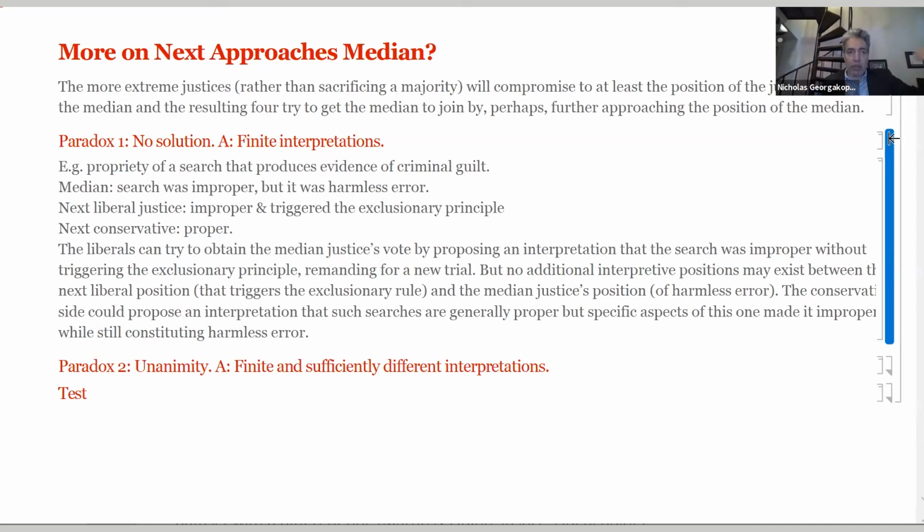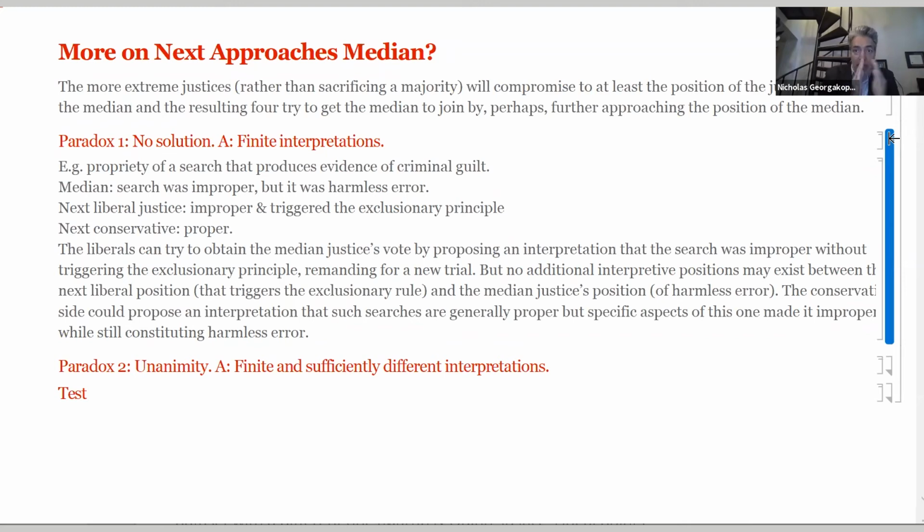Well, the liberals can try to obtain the vote of the median justice by proposing an interpretation that's in between the next liberal justices and the median. For example, they can argue that the search was improper without triggering the exclusionary principle, but does require a remand for a new trial.